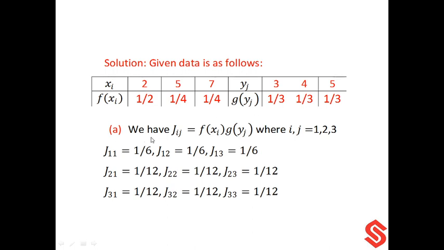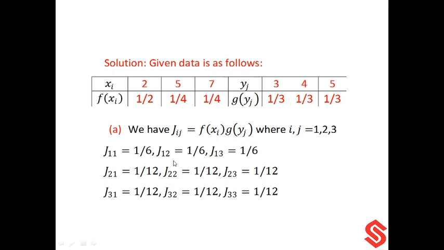So A, you have to find the joint probability. The definition is Jij is equal to f of xi into g of yj, where i and j take the values 1, 2, 3. So we'll get J11. J11 is f of x1 into g of y1, 1 by 2 into 1 by 3, it's 1 by 6.